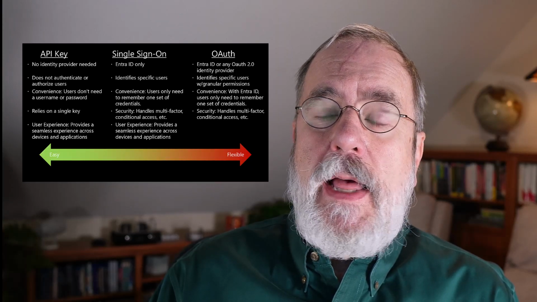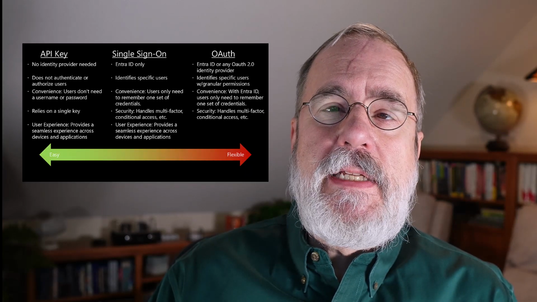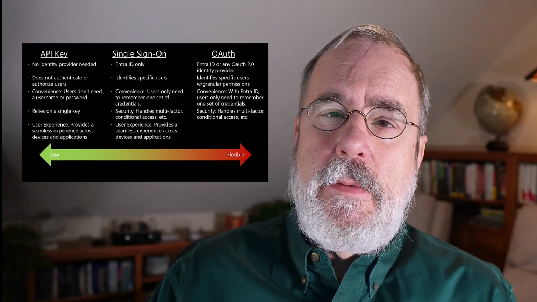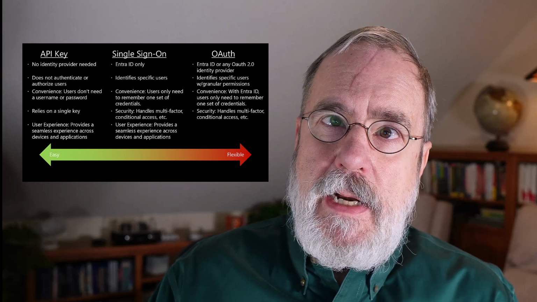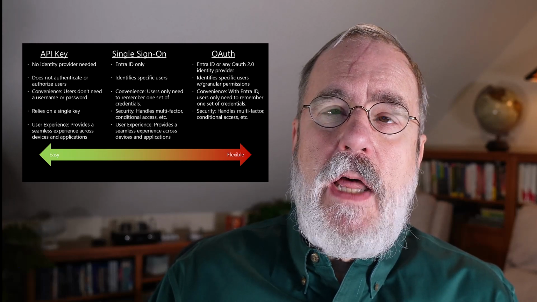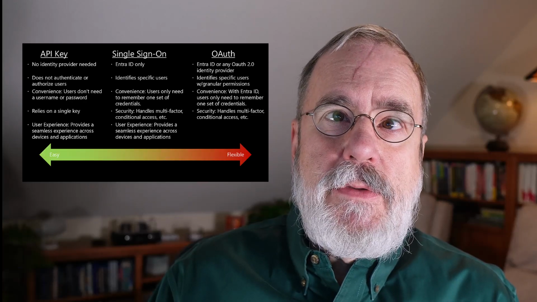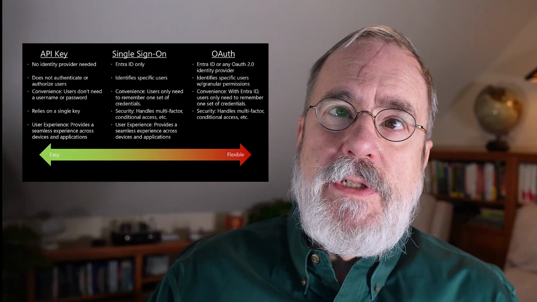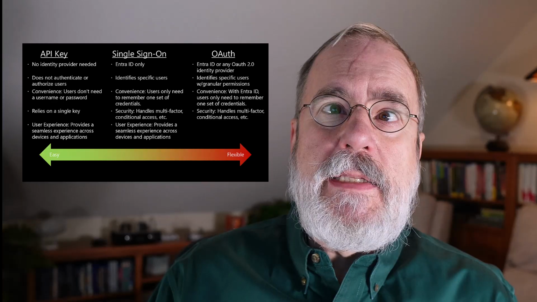The options are an API key, so there's a fixed key that is stored safely inside of Teams developer portal in what they call a vault there, so implies security, right? You can also set up single sign-on, where the user logs in transparently using the same login that they used to access Copilot itself. And then there's OAuth, which is a standard for authentication that's used widely in the cloud.